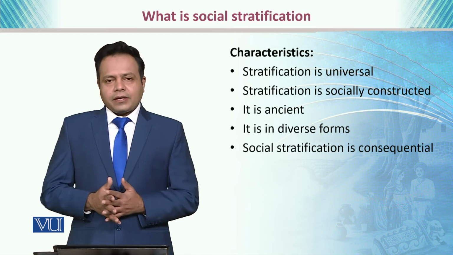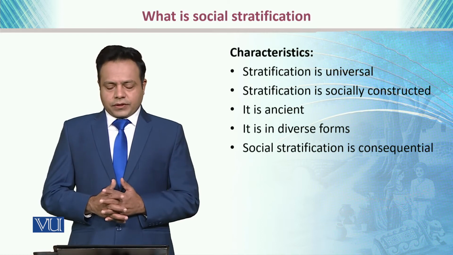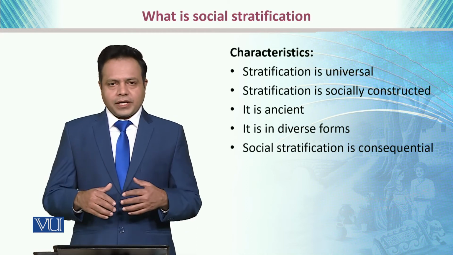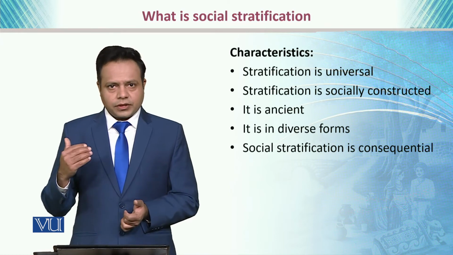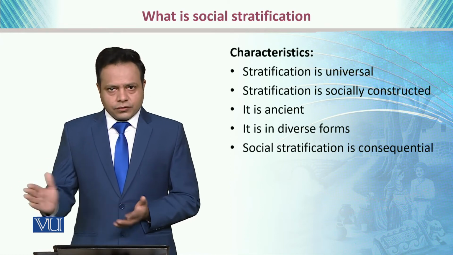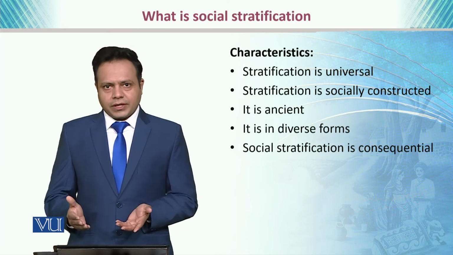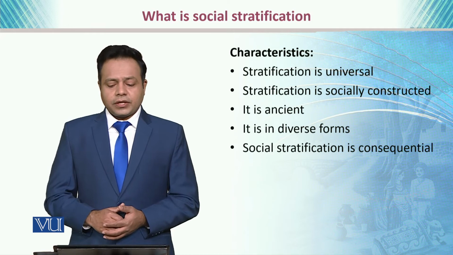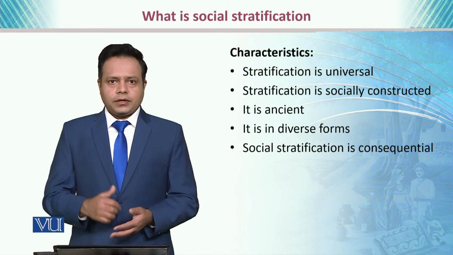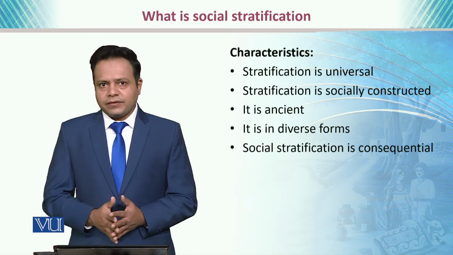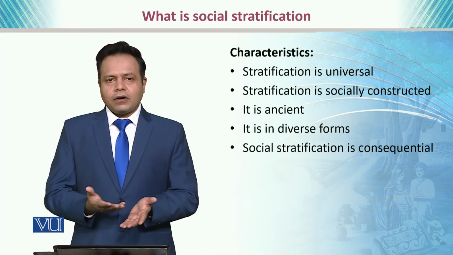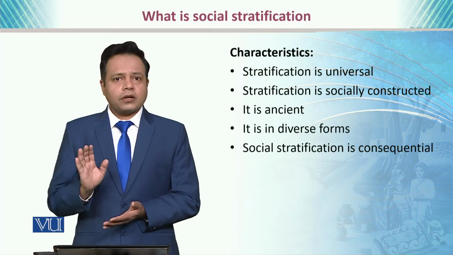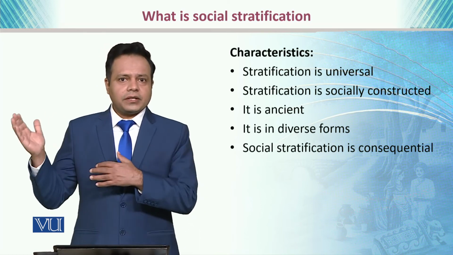These are some fundamental characteristics of stratification. It means that stratification is universal. You will find across time and space that stratification existed throughout the historical period for human societies and across all societies. And stratification is socially constructed. By social construction, it means that any of the values that we associate with certain positions are not natural, are not given by nature.